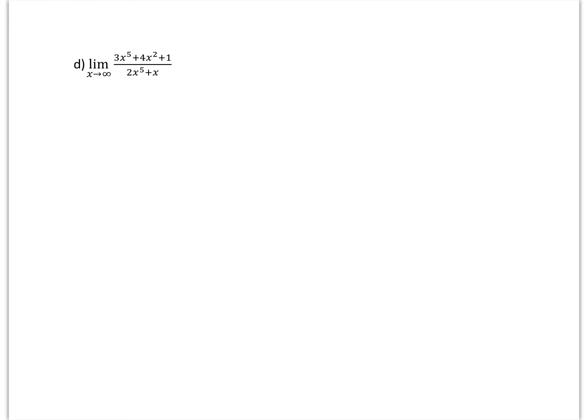So I only really need to look at the highest power of x when I'm looking at really, really big x values. So 3x to the fifth over 2x to the fifth. Those limits are going to be the same because the fifth power is going to so completely dominate.